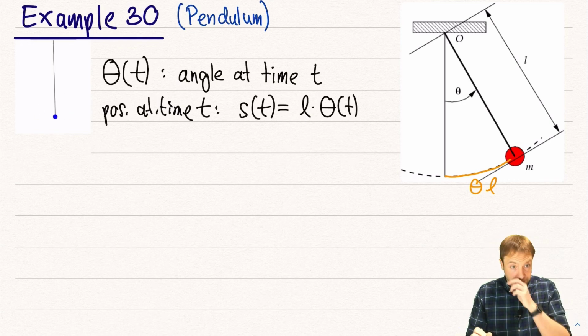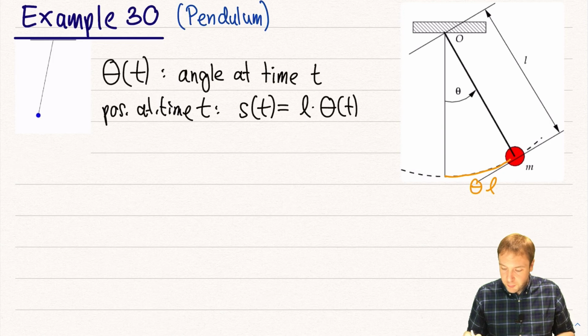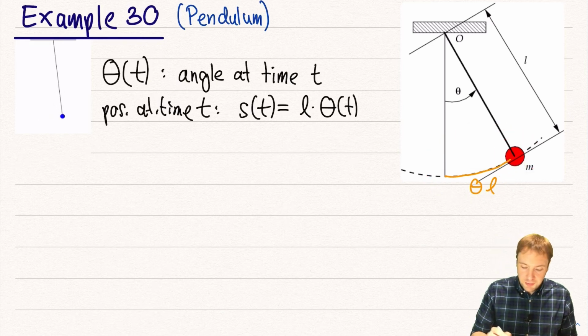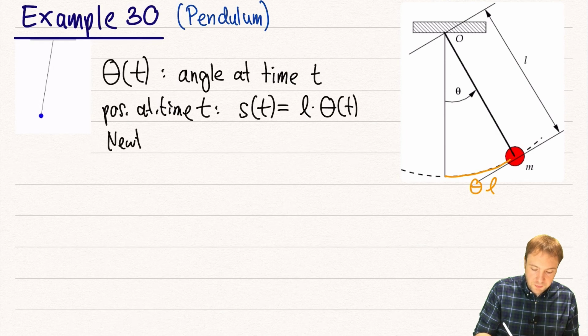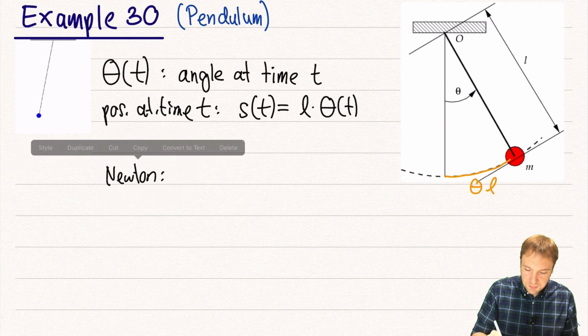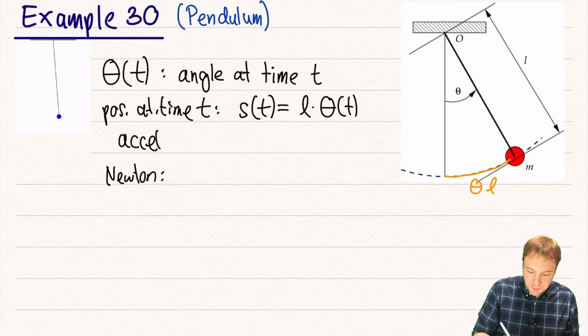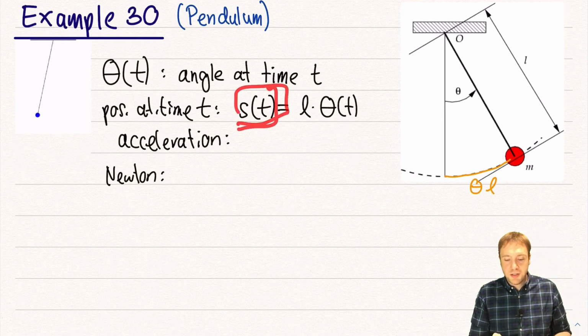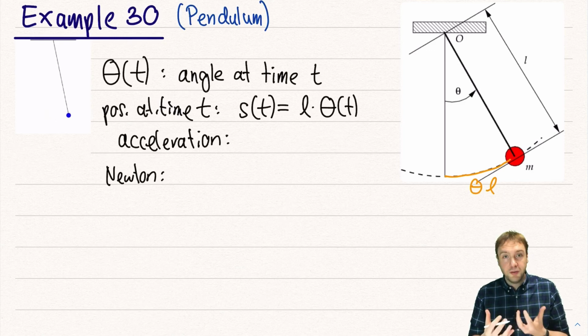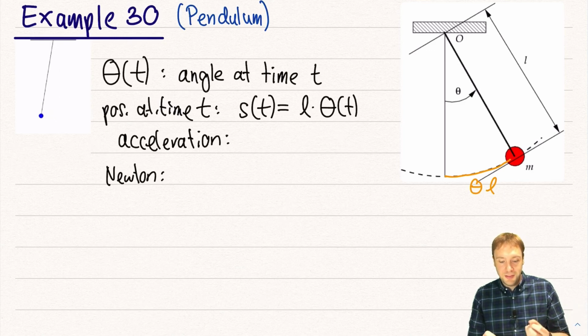And therefore, if we want to describe the motion, we need to consider what the forces acting on this mass are. What is the sum of the forces on it? We know by Newton that the force is given by the mass times the acceleration. In general, in physics, if I have a function describing the position, then the first derivative with respect to time describes the velocity, and the second derivative describes the change of velocity.